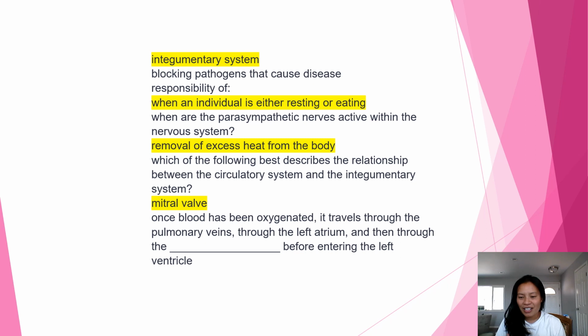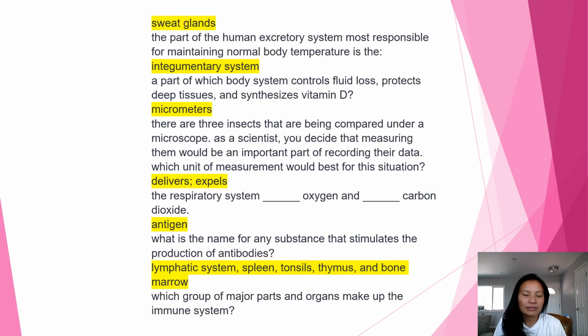Okay, the next question. Once blood has been oxygenated, it travels through the pulmonary veins, through the left atrium, and then through the mitral valve before entering the left ventricle. Okay, next question. The part of the human excretory system most responsible for maintaining normal body temperature is the sweat glands.